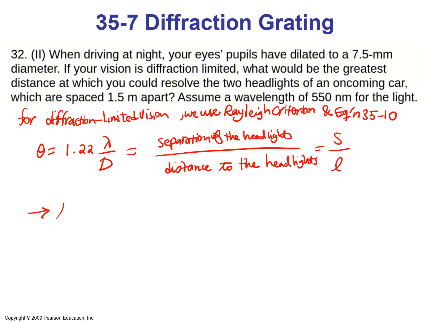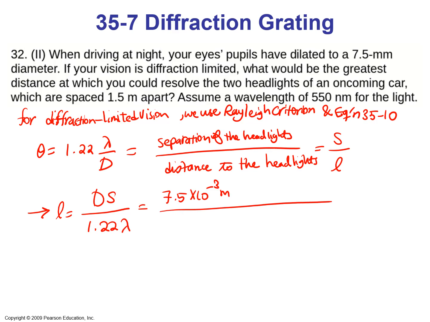Now we can solve it for L, which is equal to d times S divided by 1.22 times lambda. And if you plug in the values, you have 7.5 times 10 to the power minus 3 meter multiplied by 1.5 meter separation between the headlights divided by 1.22 times 550 times 10 to the power minus 9 meter, the wavelength.